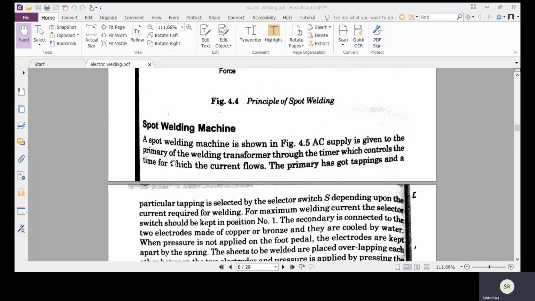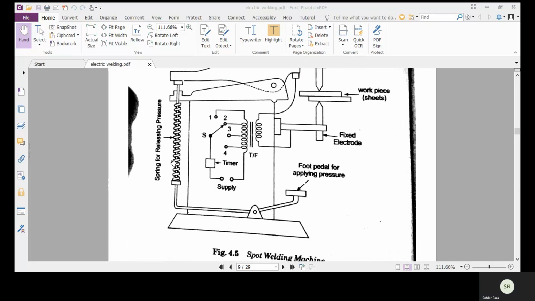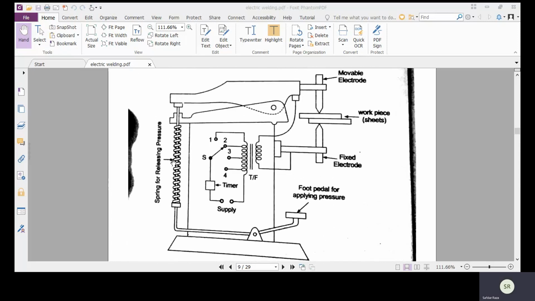Now, what is the configuration of the spot welding machine? Figure 4.5 shows the spot welding machine. AC supply is given to the primary of the welding transformer through the timer, which controls the time for which the current flows. The primary has tappings, and the particular tapping is selected by a selector switch.